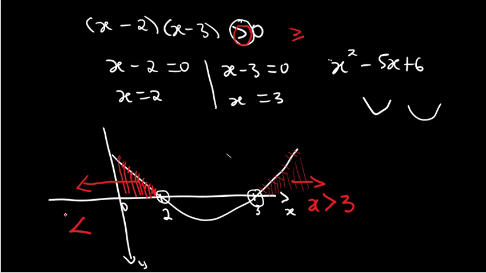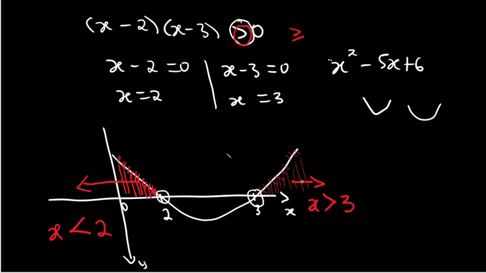So it means that this particular one is going to be x being less than the number here, and that number is what? 2. So in this case, all x values that fall within this range, that is from positive 2 up to negative infinity, all these values will make the quadratic inequality defined. The same thing applies to x being greater than 3. All the values here, they are going to satisfy the quadratic inequality.